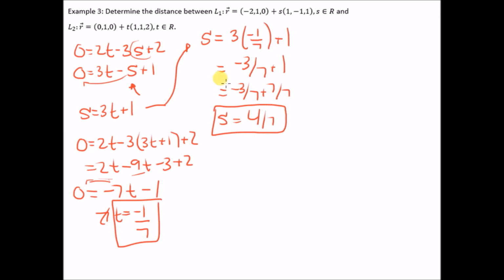As soon as we have s and t, we just simply sub these two parameters back into the equations of the two lines. So we can sub in, let's call this line 1, for the x of line 1, negative 2 plus s, which is 4 over 7. So then we get negative 2 plus 4 over 7. I get negative 10 over 7.